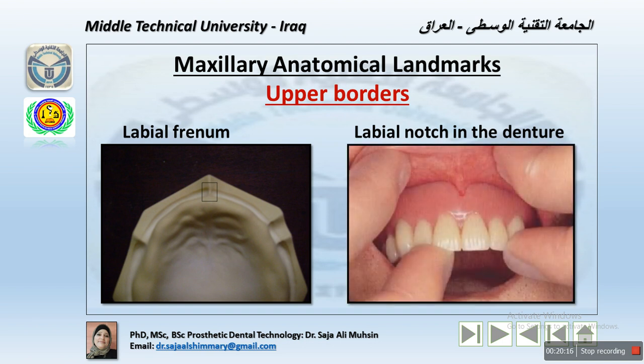So this frenum is important to be identified properly within the impression, so the dental technician can create the denture within the limits, and the labial frenum area is finished and polished in a proper way, according to the frenum attachment, whether the movement is to the right, to the left, or at the middle.